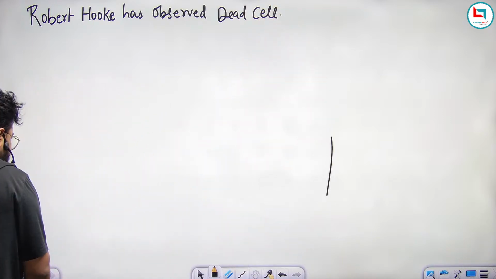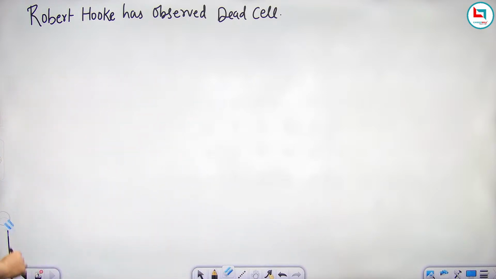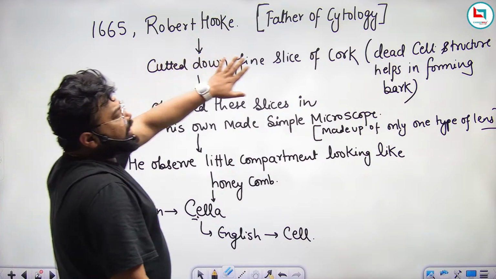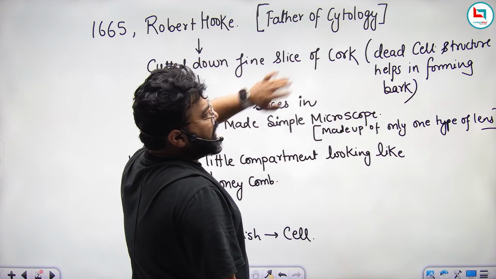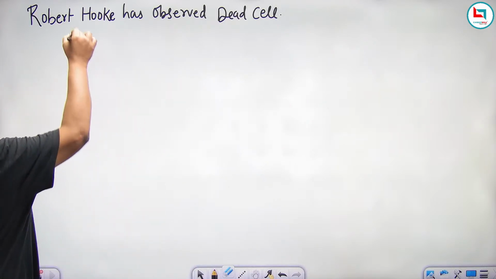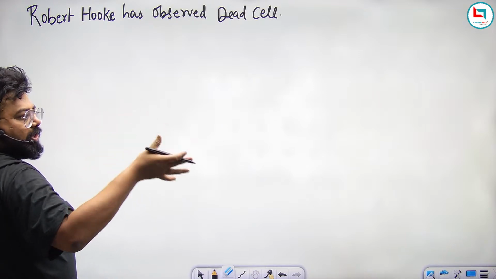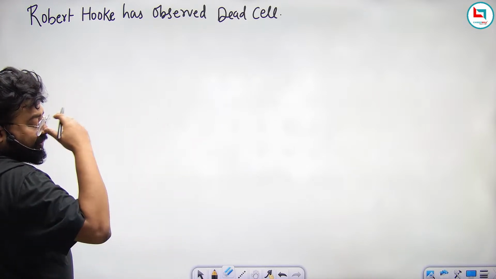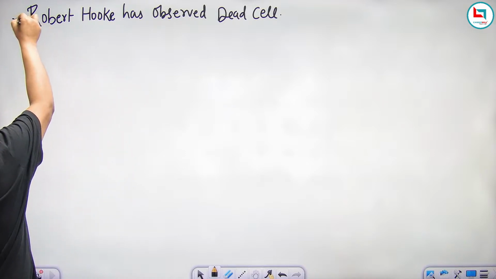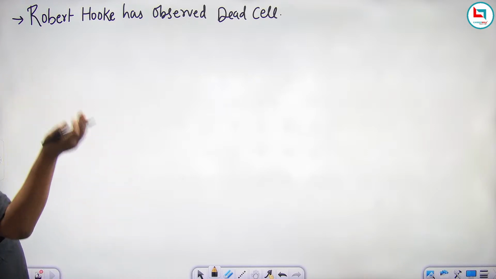As we have already discussed, he cut a fine slice of cork, and these corks are dead cellular structures. So Robert Hooke observed the dead cell. No doubt he was the father of cytology, but he did not observe the living cell. So the credit for observing the living cell for the first time goes to a different scientist.